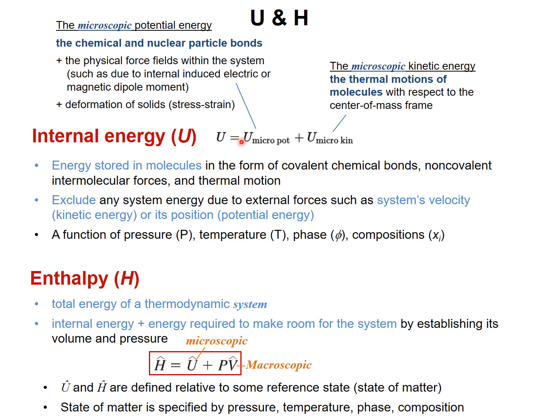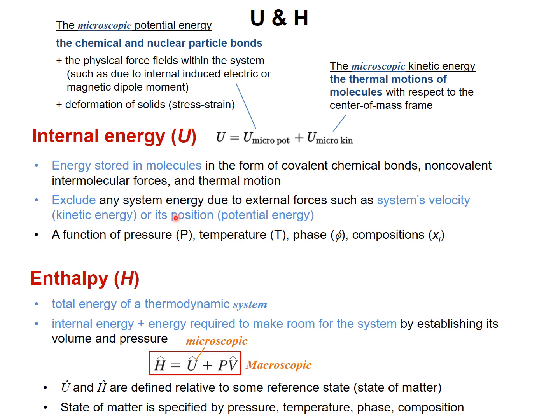Internal energy can be considered to be split into two terms: the potential energy and kinetic energy on a microscopic scale. The microscopic potential energy includes covalent chemical bonds and non-covalent intermolecular forces. The second term, microscopic kinetic energy, is related to the thermal motion.